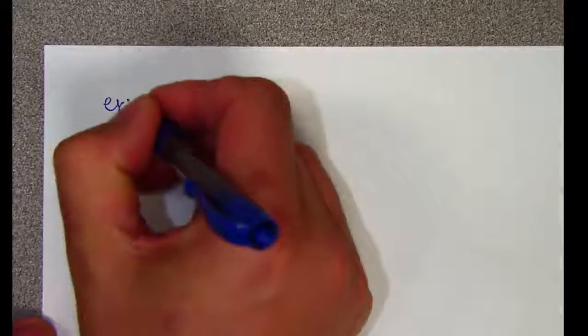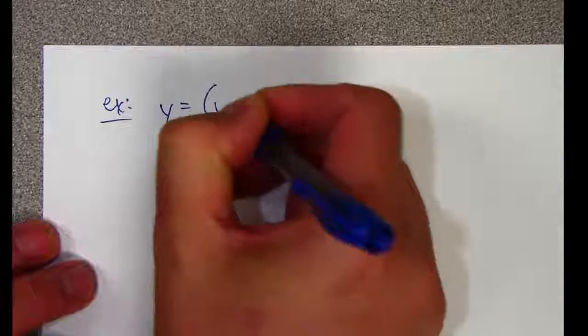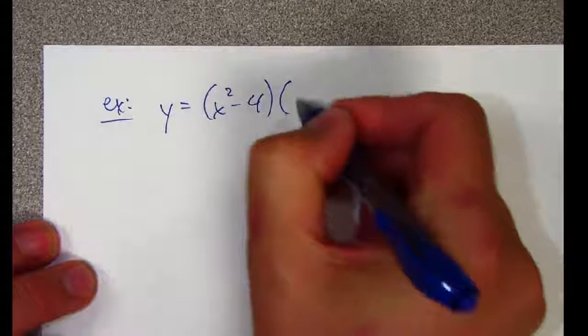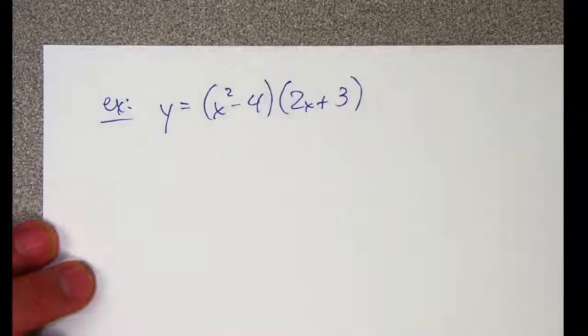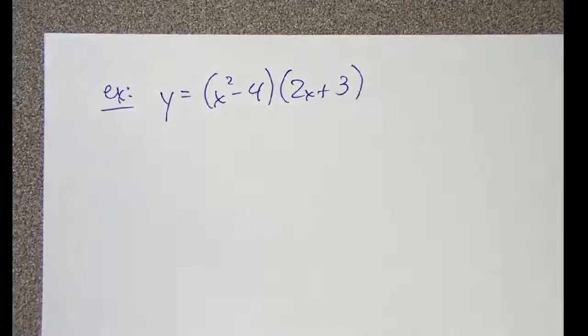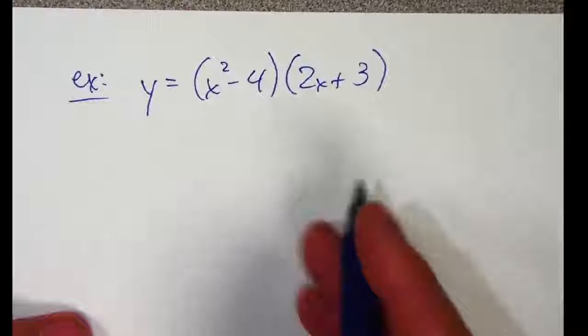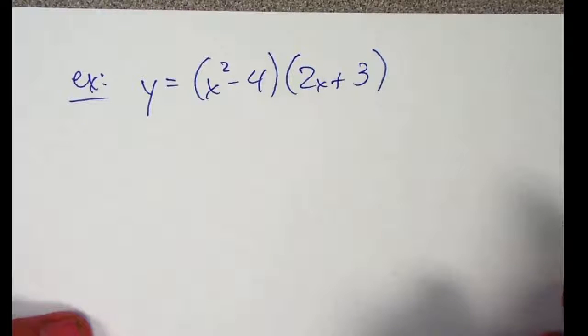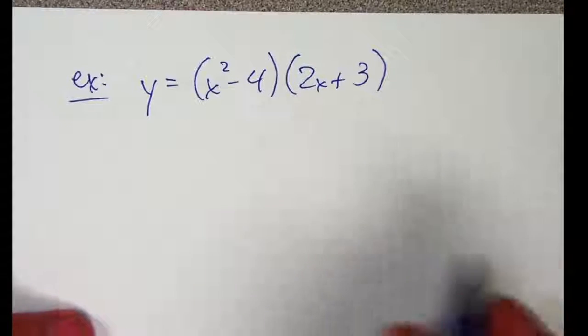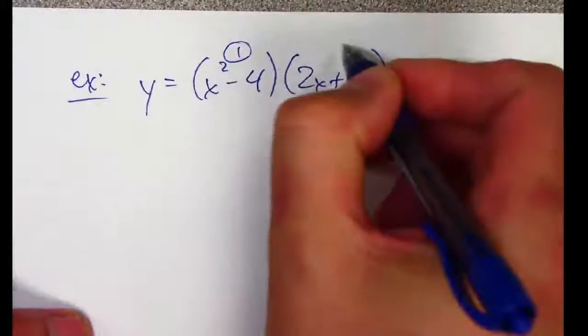All right. Let's say x squared minus 4 times 2x plus 3. Again, in general, I would just FOIL that and then take the derivative from there. Because I'm trying to practice product rule and get you guys to learn product rule, we're going to go through it with product rule and practice it that way. So I'm going to call this my first thing, this my second thing.